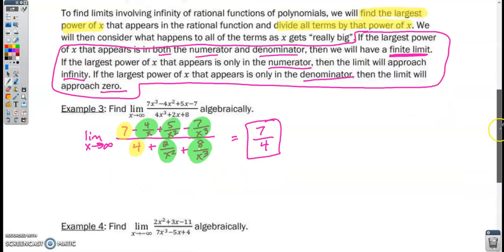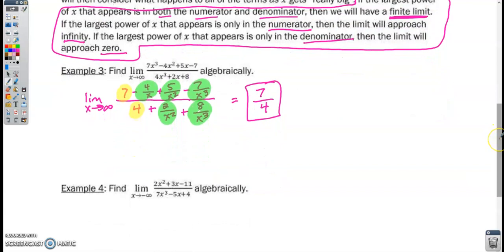All right. Let's look at example 4. You can use what I said at the end of this. If you look at this, you notice that the largest power of x that appears is only in the denominator. So that tells us that this limit is going to approach 0. If you wanted to go through the algebraic technique, you can see why this becomes 0.